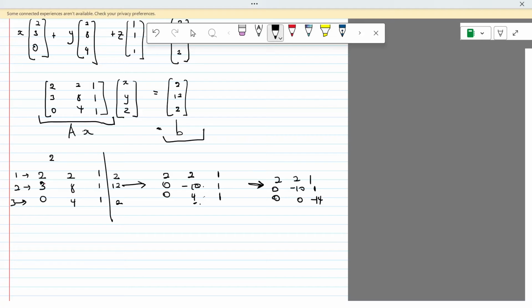So this became a 6 minus 24. This remains a 2. So 6 minus 24, that gives us minus 18. And then for this, it remained the same because this was a 0. We didn't need to eliminate the x, so this was a 1. Then here we have a 2 and minus 18, and we had multiplied this by minus 4.